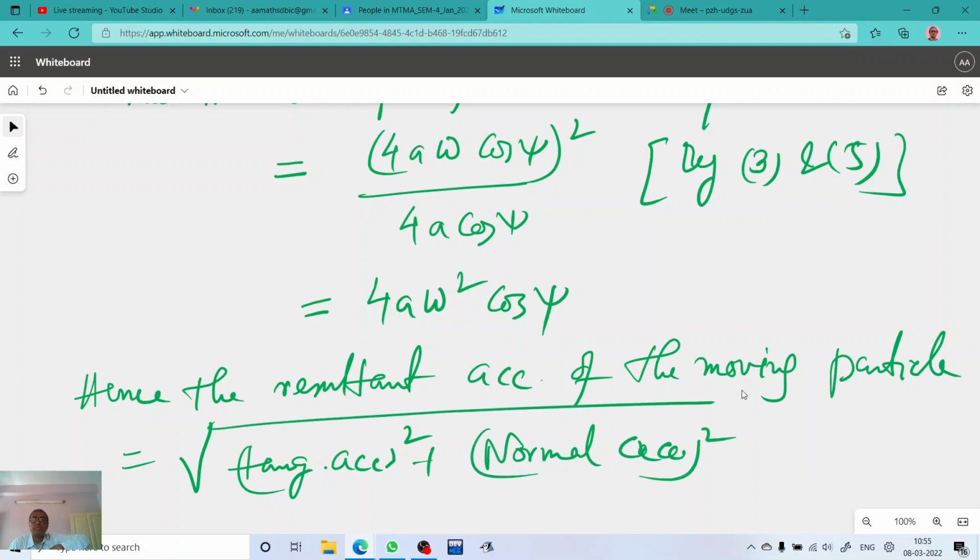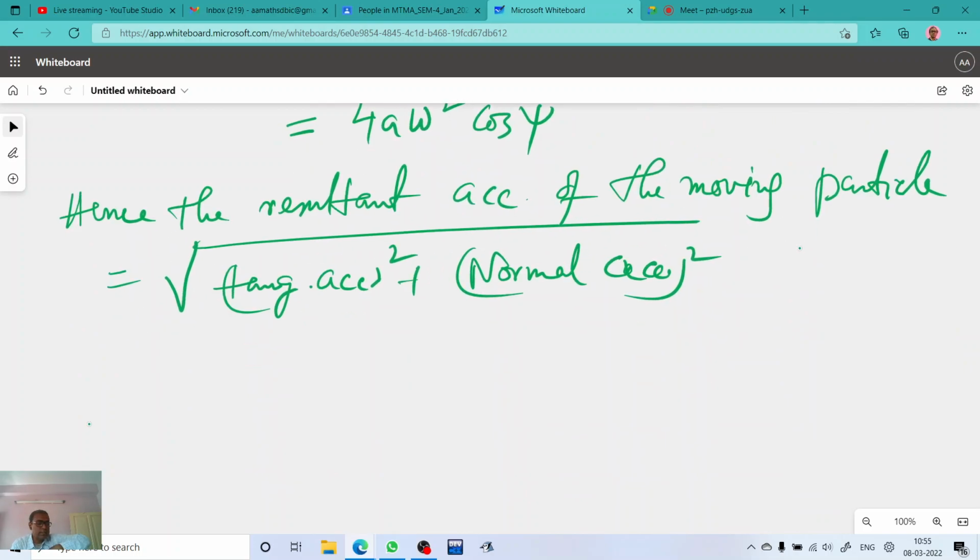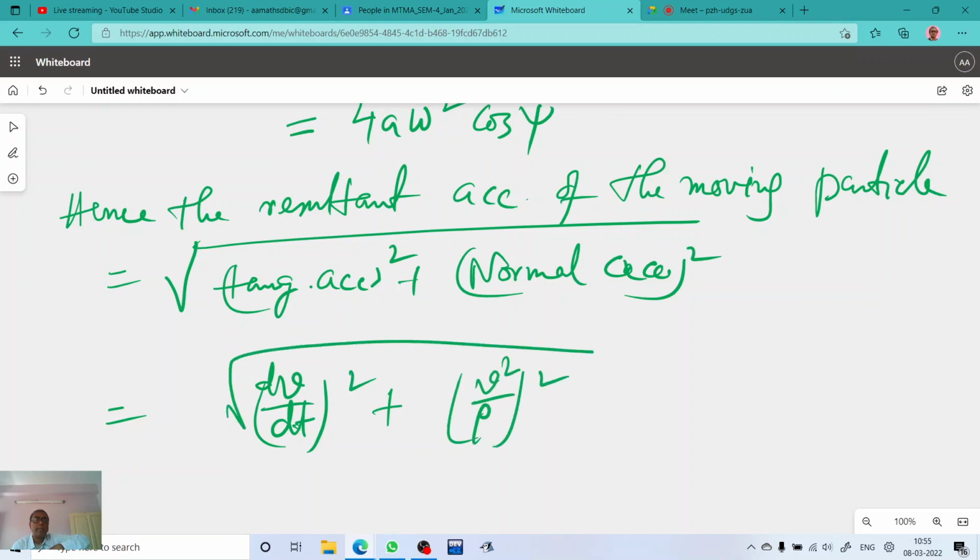So tangential acceleration component means dv dt, so dv dt whole square plus normal component v square by rho whole square, whole root over.